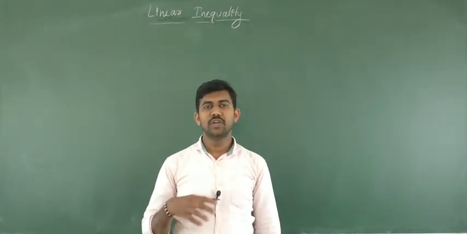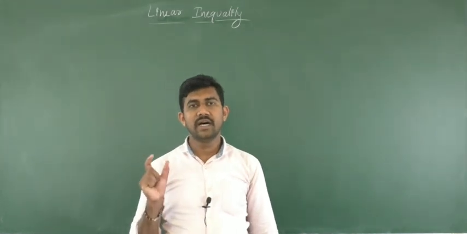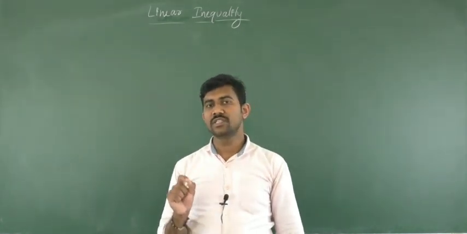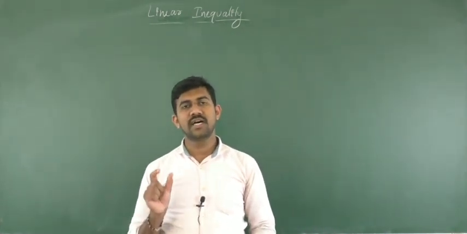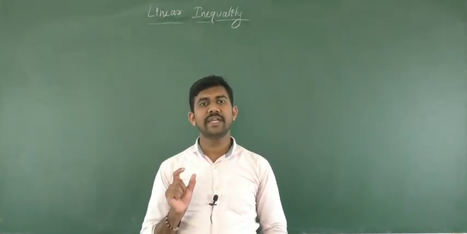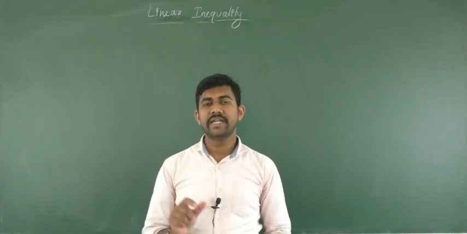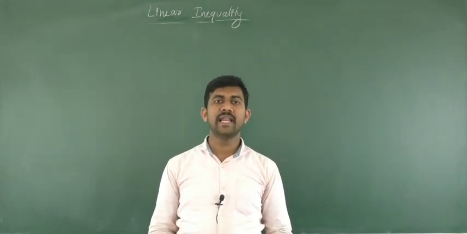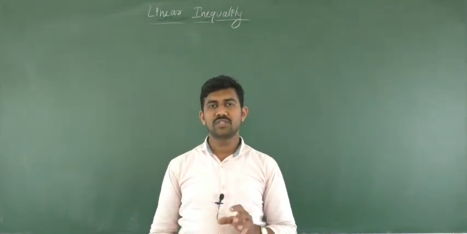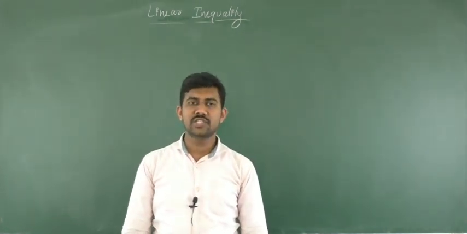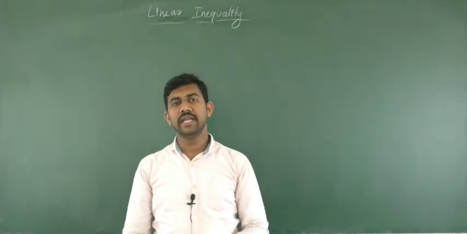Numerical inequality means the inequality which includes numerical values. Suppose the inequality includes letters of the English alphabet or any language, then it is called literal inequality. Those we saw in our last class.